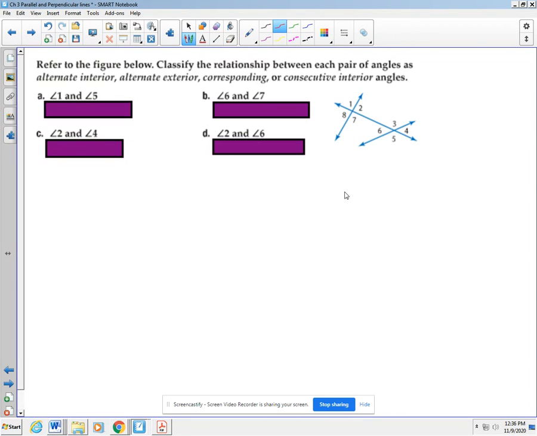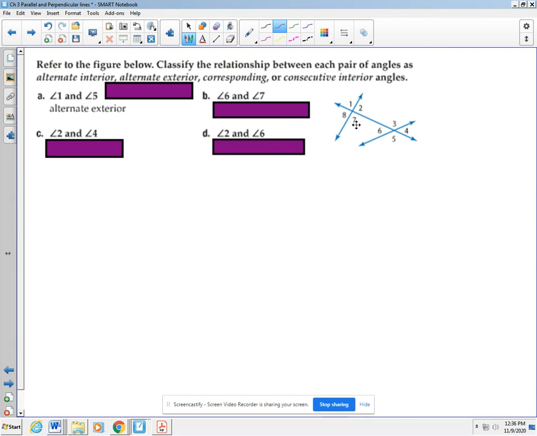Okay, so let's practice for a few minutes. I will give you a few minutes to try, so please pause the video, try it, and then look at my solutions. So 1 and 5 are alternate exterior angles.